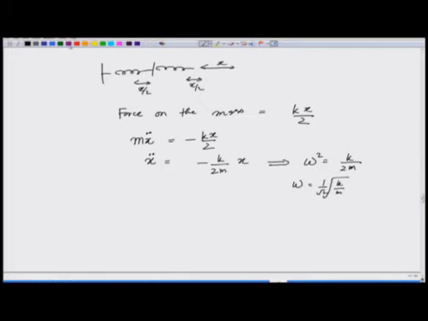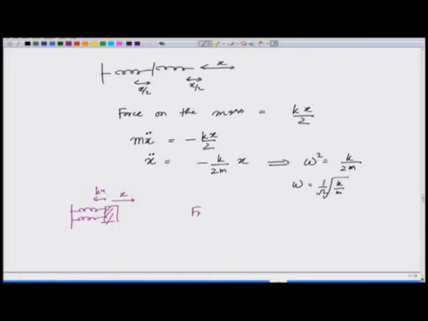The second case is simpler. In the second case, the two springs are attached together. So, if the mass is displaced by x, each spring gets stretched by x and therefore, applies a force k x.